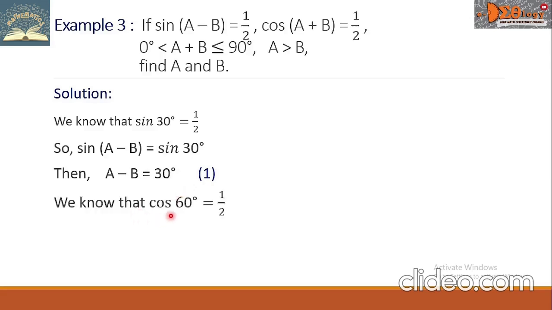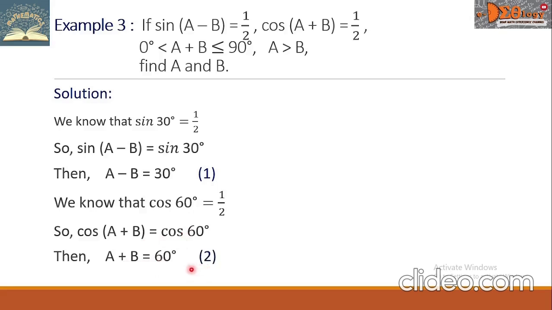Also, we know that cosine 60 degrees equals 1/2. In the given, we say the cosine A plus B equals 1/2 also. Therefore, the cosine A plus B equals the cosine 60 degrees. Then we can simplify this as A plus B equals 60 degrees. Let this be equation 2.